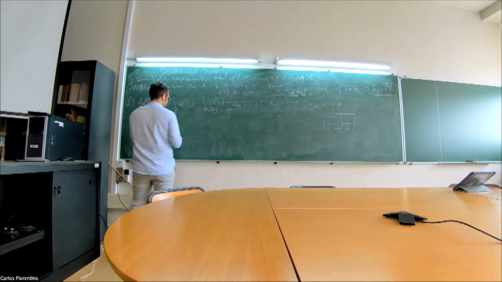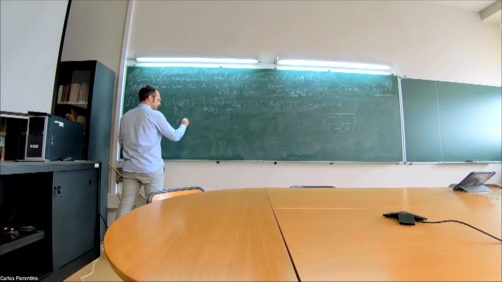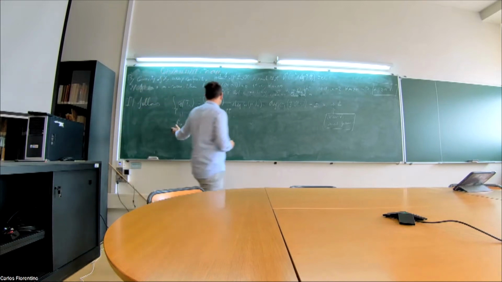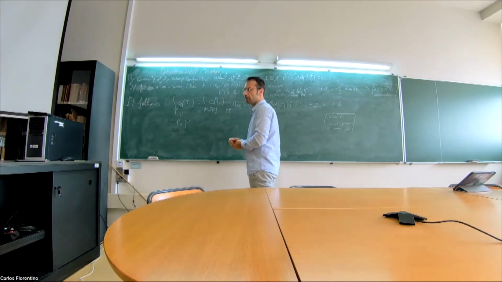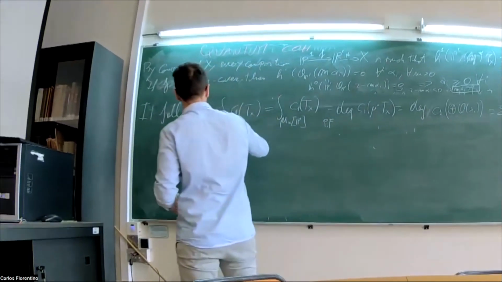Okay, this is basically minus kx times beta. I just use another notation. This is the first Chern class.